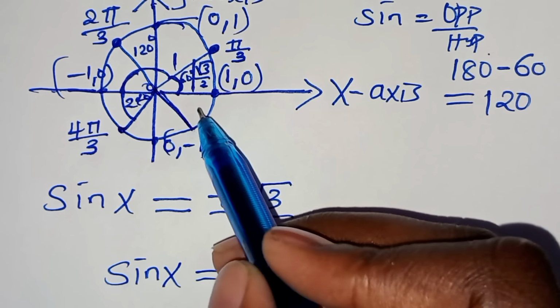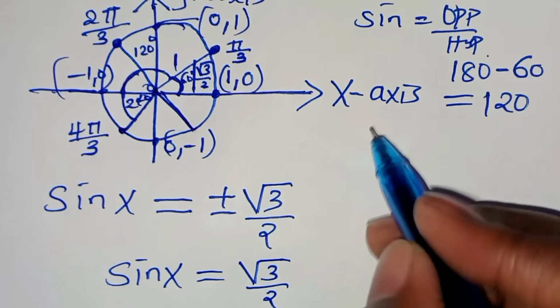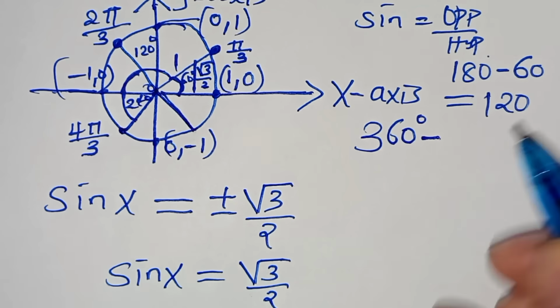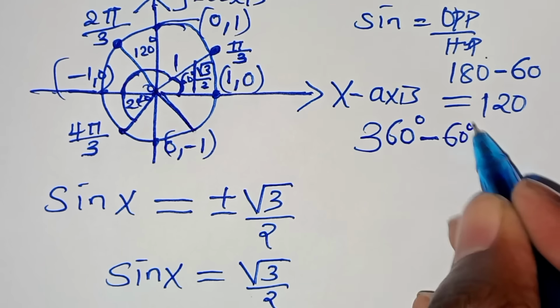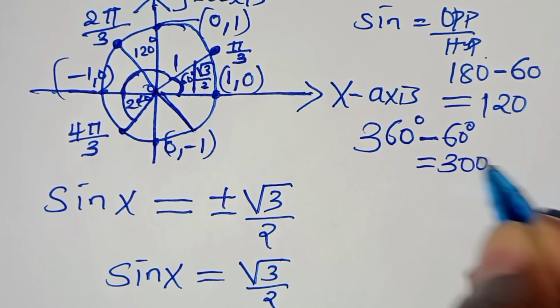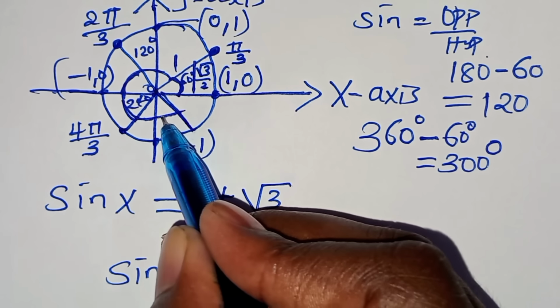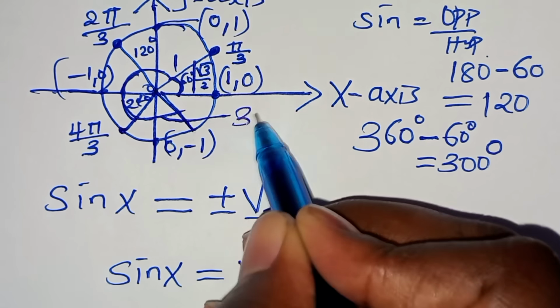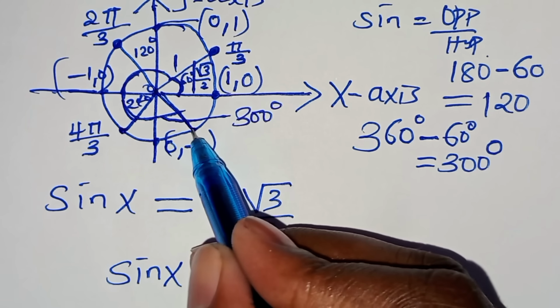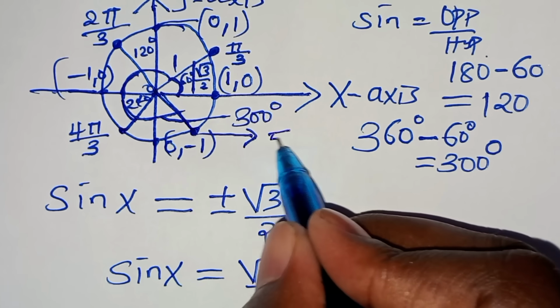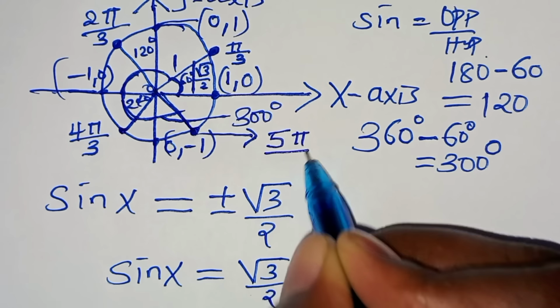That is 360 degrees minus 60 degrees, and this is equal to 300 degrees. So here we have 300 degrees. In terms of radians, we can represent this as 5 pi over 3.